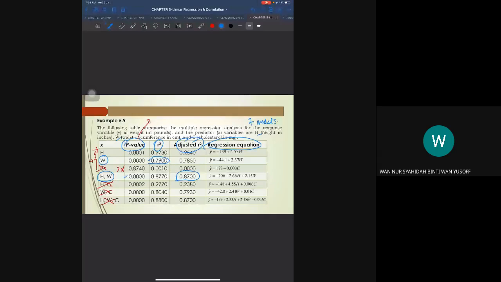Okay, so how do we write the answer? The best model is HW, and then we need to write the equation. It is compulsory to write the equation. If you do not write the equation, then there is no mark for you.